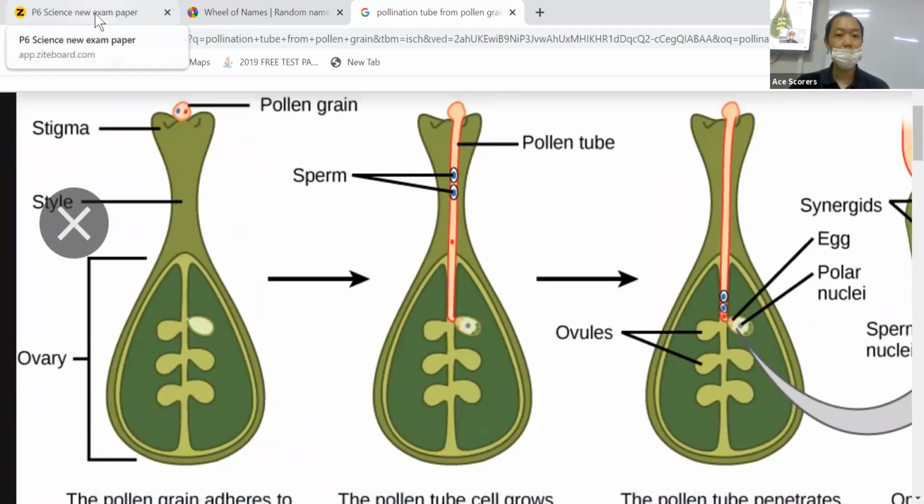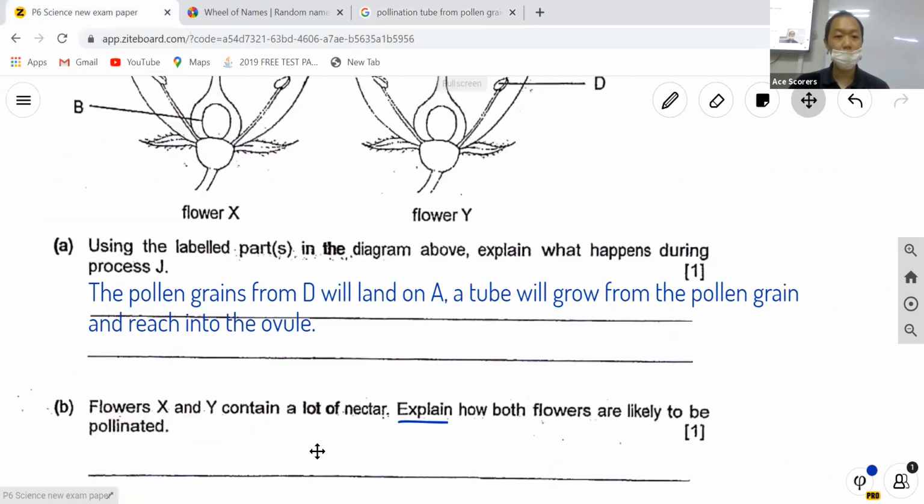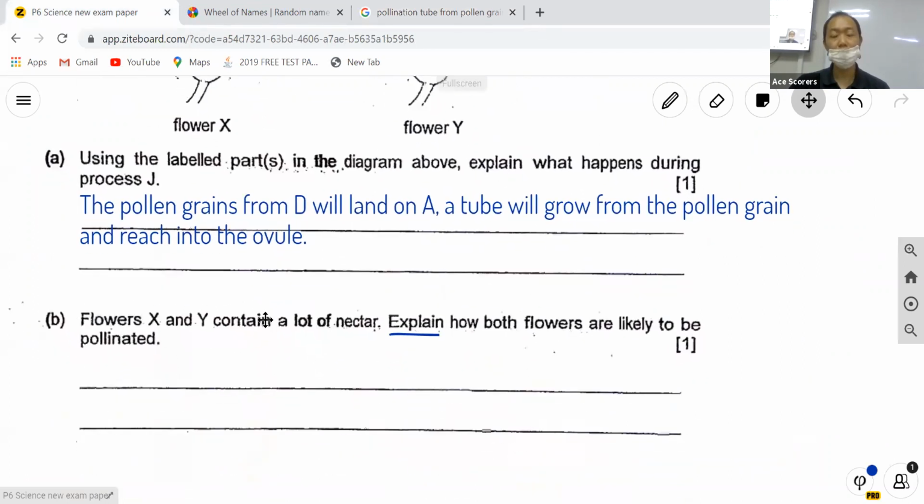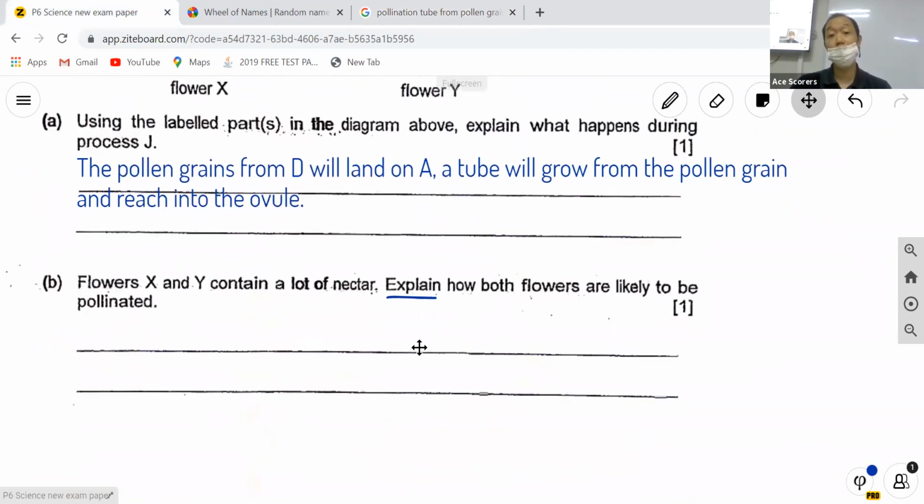Okay, next one. For this answer, you cannot just write insect, because you need to explain. Even though you are correct that the insect will be the one that pollinates the flower, but why? Because it's an explain question, we have the start and ending.